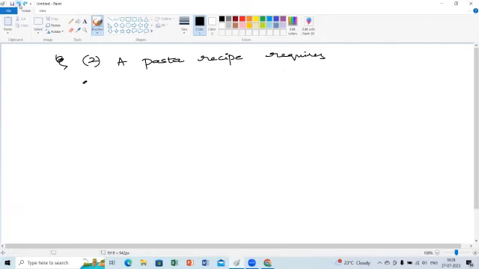A pasta recipe requires 2 by 3 kg cheese.